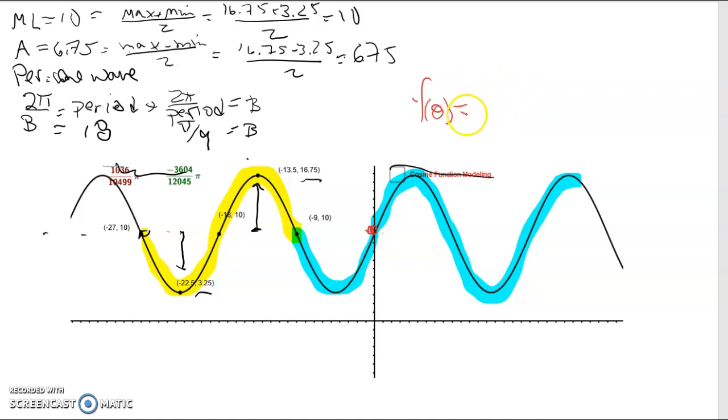Our function is going to be our midline, 10, plus, because it's a positive sine curve, 6.75 times a sine curve, and our b is pi over 9, so pi over 9 theta. There we go.